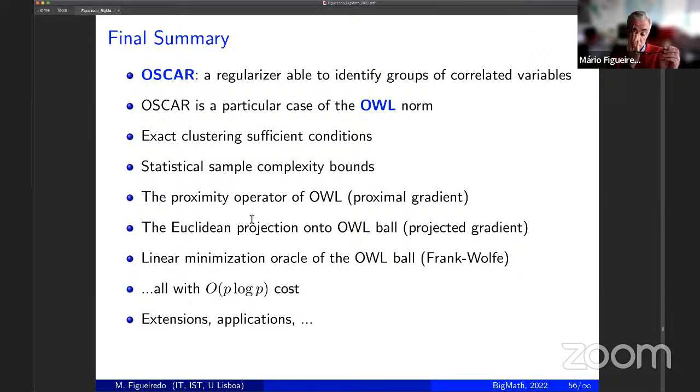And so this was the starting point for this work, that in some layer of the network, you're being given features that come from the previous layers, and these features have high correlations. So maybe you need to tie the variables together, or maybe sparsify. That's why people use sparsity regularizers in deep networks, and we can use OWL.